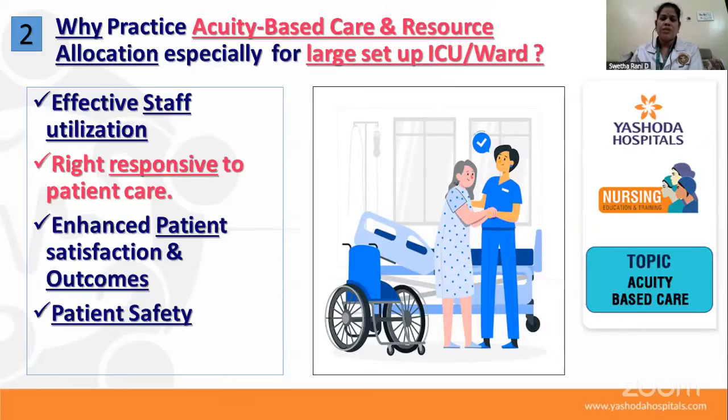Patient safety can be maintained. Not only that, we can give high quality care while managing the cost. A balanced nurse-patient ratio will not only decrease the workload, it will give job satisfaction to them and empower the nurses to deliver higher quality care. There will be good communication between the nurses and the patients, and patient incidents will be minimized. So higher satisfaction can be attained with this type of care.